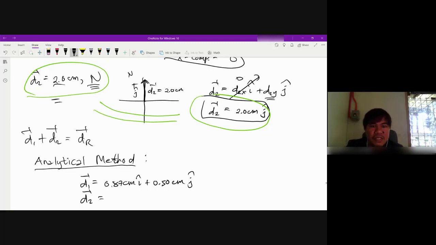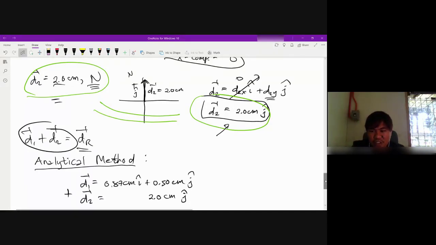The second vector is north, so you have 2 centimeter j hat. If you add the two, you find the resultant by adding component to component. That's why it's called the analytical or component method.